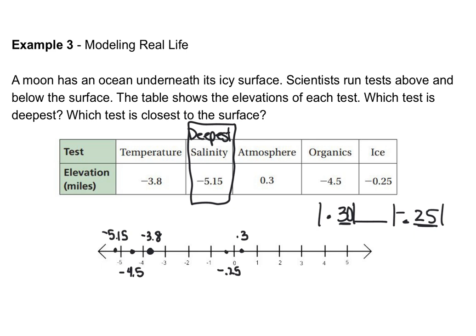And we can clearly now see that if we are 25 hundredths away from 0, that is closer than 30 hundredths away from 0. So in this situation, we would say that ice is closest to the surface.